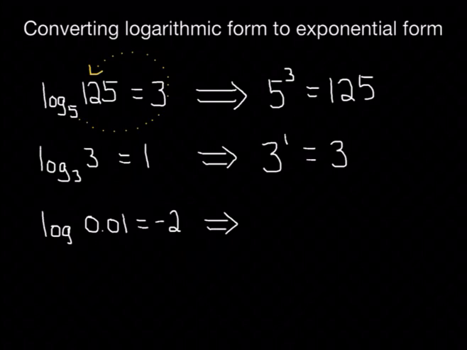Common logarithm means the base is automatically 10. Kind of like with radicals, if we didn't see a little index, it would mean square root. If you don't see a base number, it means base 10. So this is 10 to the second power is equal to 0.01, or you could think of this as 1/100th.